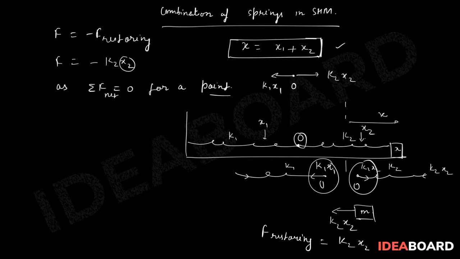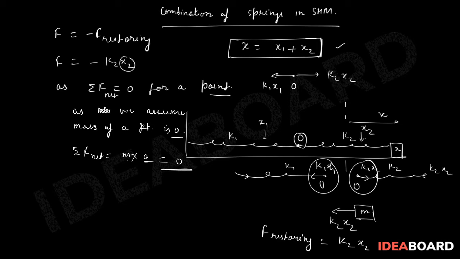Because there is no mass, as we assume the mass of a point is 0. So if that is true, then we know that summation of F net is equal to m into a. Even if acceleration is there, mass is 0, so summation of F net will be 0.